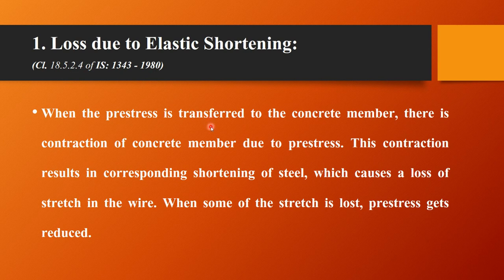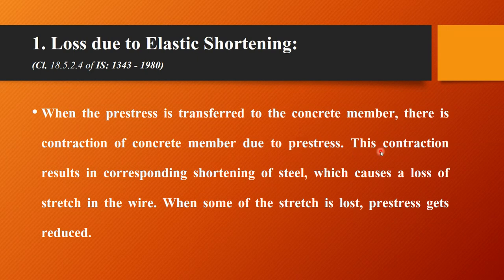That is, when the compressive force is applied through the tendon and transferred at the transfer phase, the concrete member will get contracted. That amount may be very small, but it affects a lot on the pre-stressing force applied in the tendon.